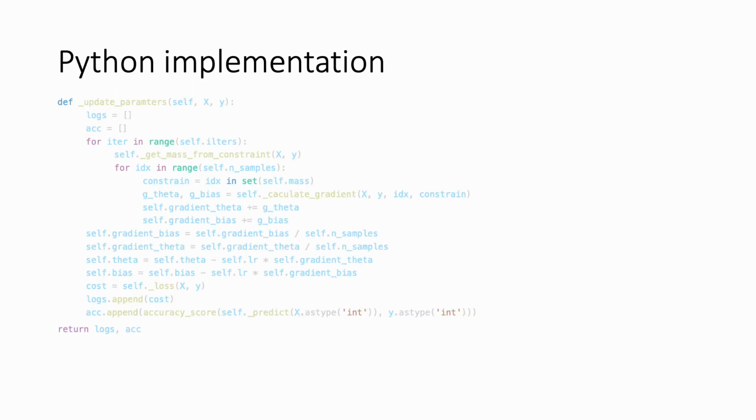To implement the SVM, we create the update parameter function, which iterates to update the parameters. In each iteration, we calculate the gradient according to the above equation and update it.